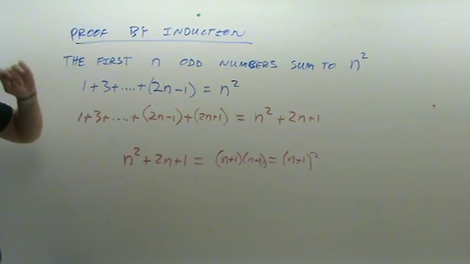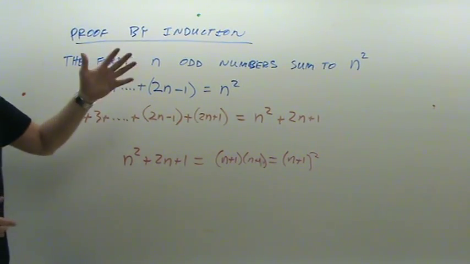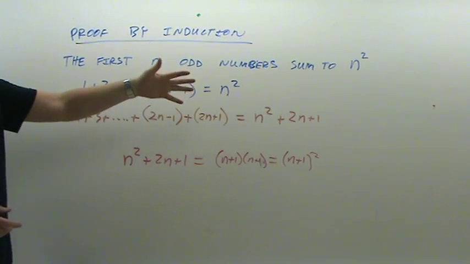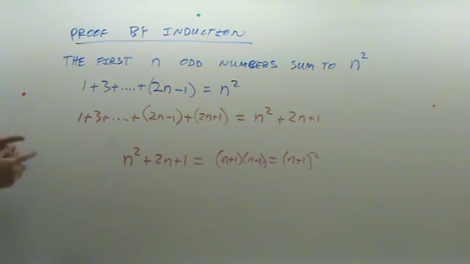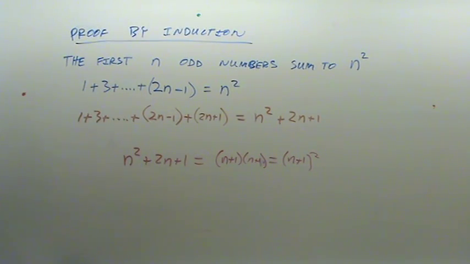If it's true for 52, it's true for 53, and if it's true for 112, it's true for 113. So as long as it's true for the case where n equals 1, then it's true for 2, and therefore for 3, therefore for 4, and that can go on forever. I don't know if that looks like it makes sense.